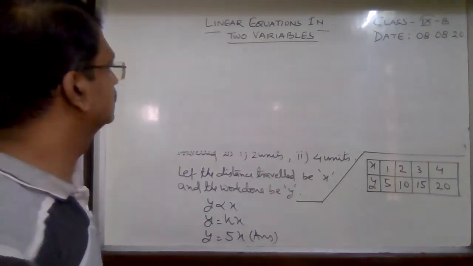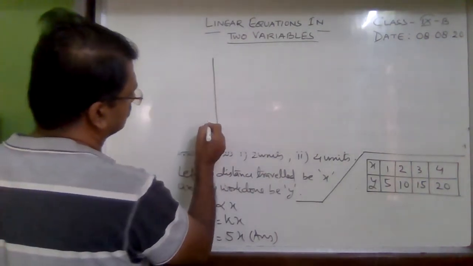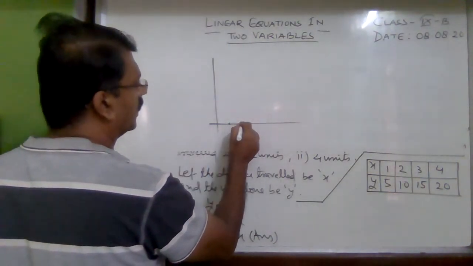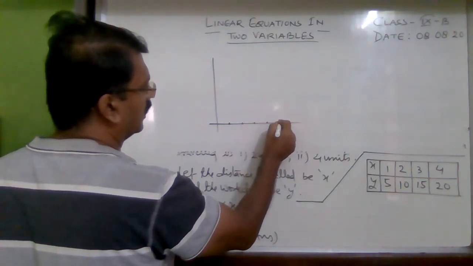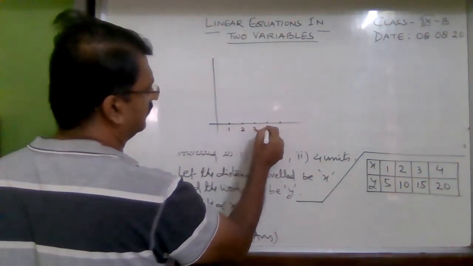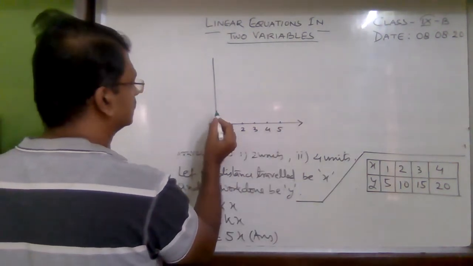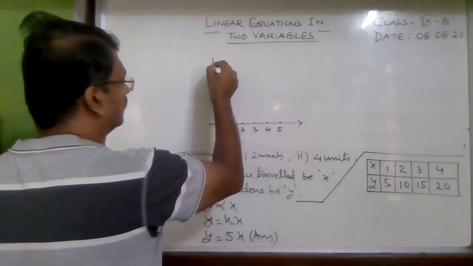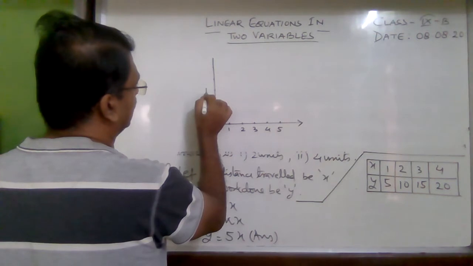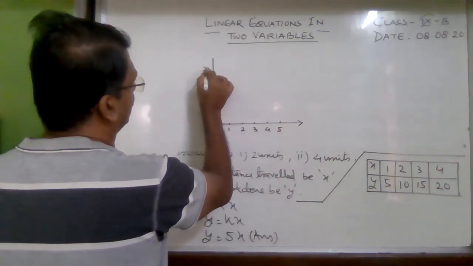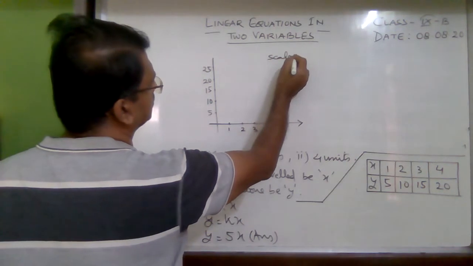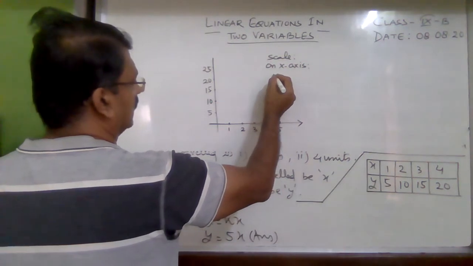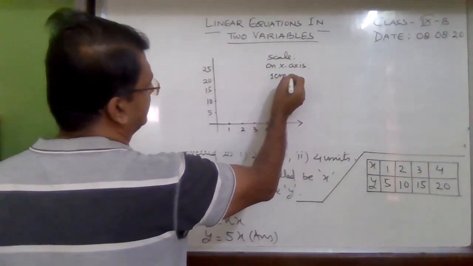We'll draw the graph here. One, two, three, four, 5. Five, 10, 15, 20, 25. Scale on x-axis: 1 centimeter is equal to 1 unit.